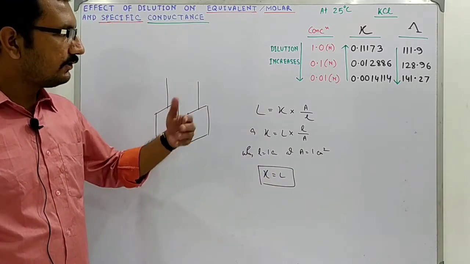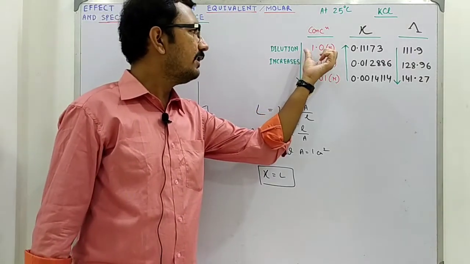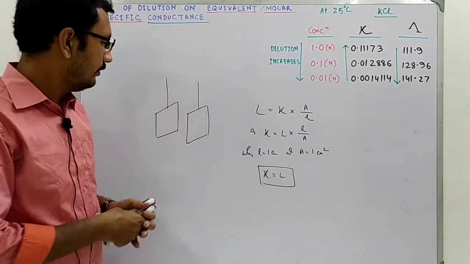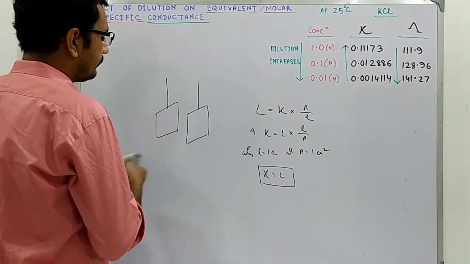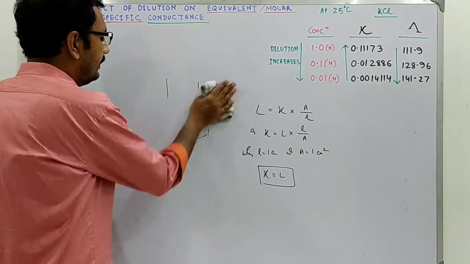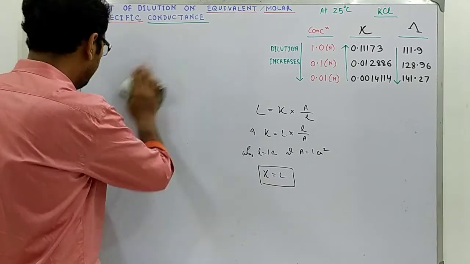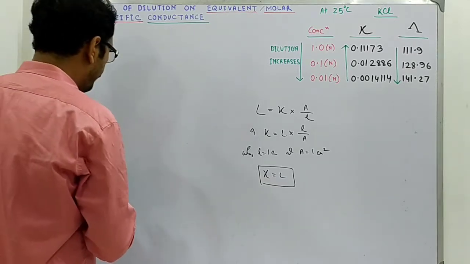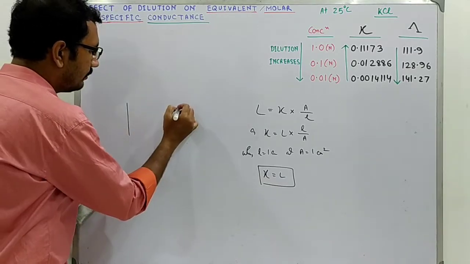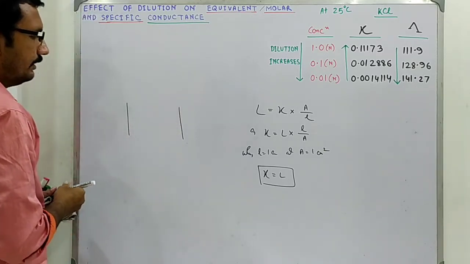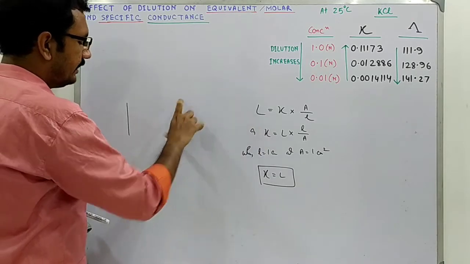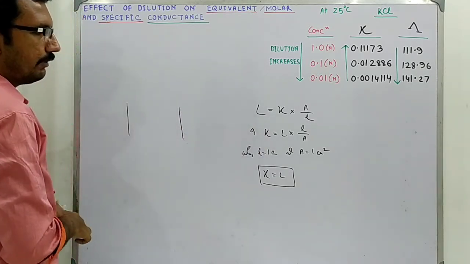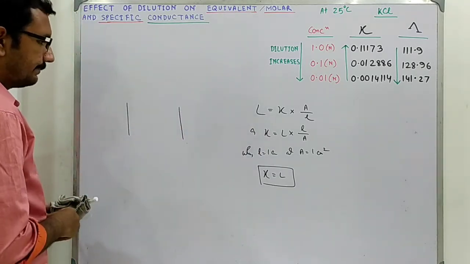Now, let us start with a 1.0 normal solution. We take a 1D picture. This is one electrode, this is another electrode. These have 1 square centimeter surface area and they are 1 centimeter apart from each other.